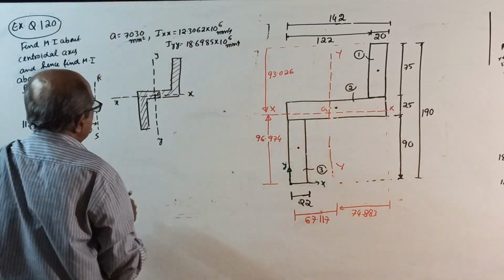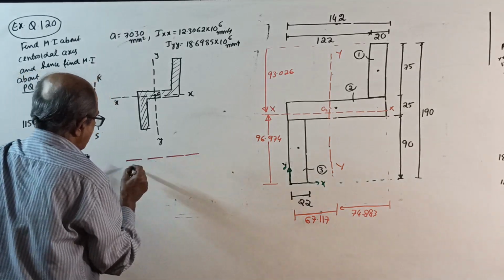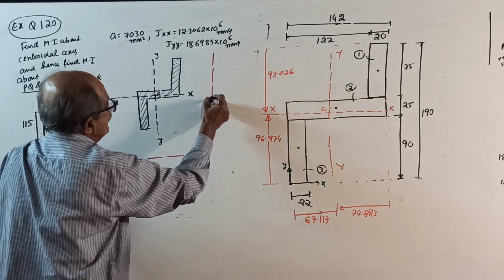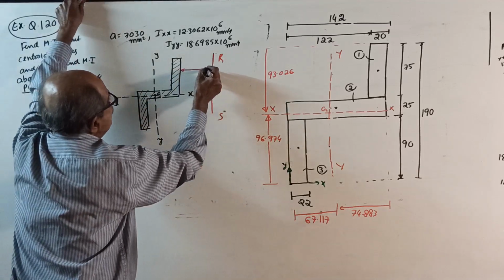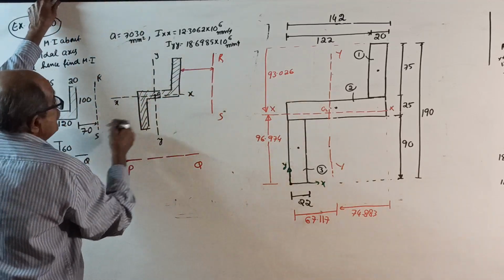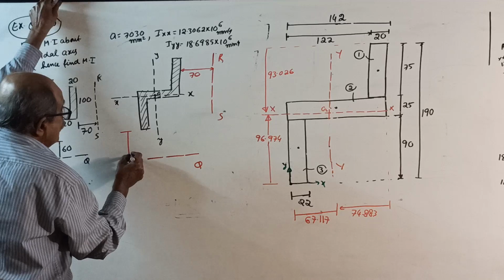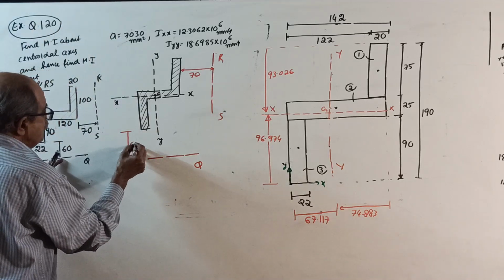Okay, now they want I about PQ. Mark here: they want I about PQ and also I about RS somewhere here. This distance they told in the question, 70 millimeter. Red color I use, no problem. This is 60 millimeter.